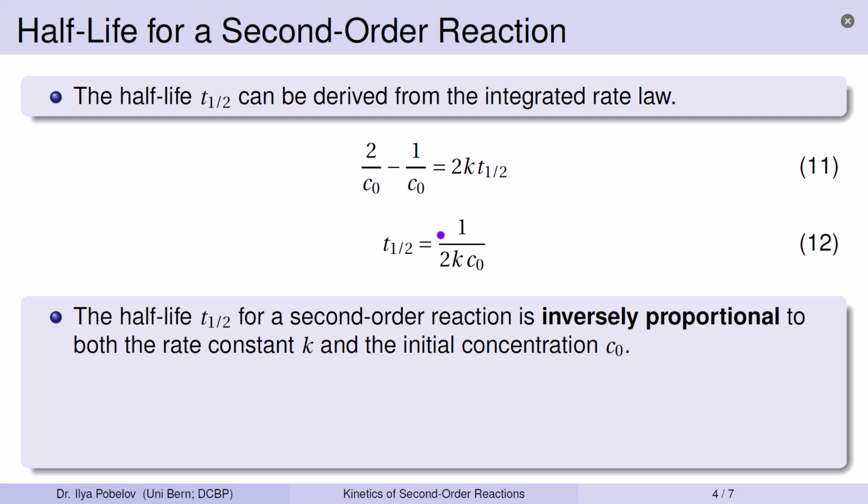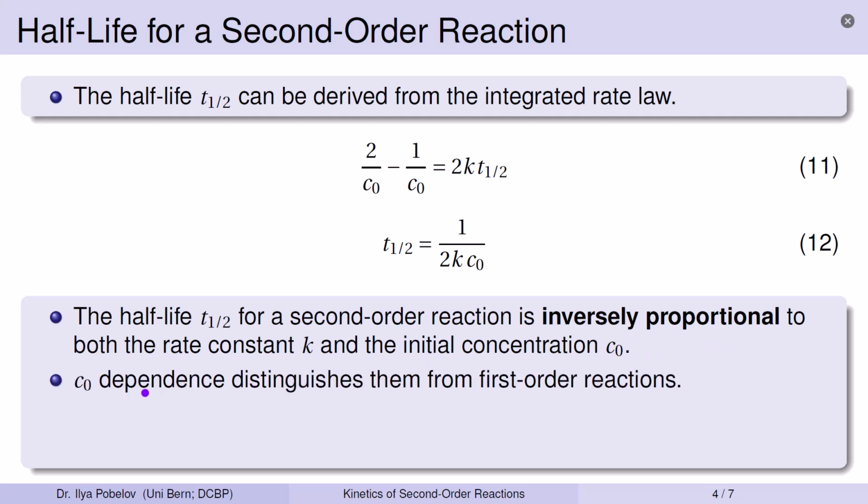This relationship indicates that the half-life for a second-order reaction is inversely proportional to both the rate constant and the initial concentration. The latter distinguishes them from first-order reactions, where the half-life is independent of the initial concentration of the reactant.